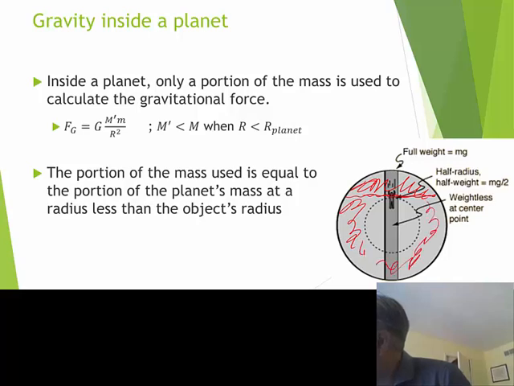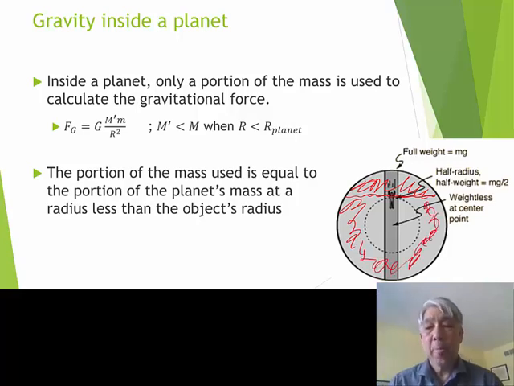It must be the mass at a radius greater than my radius. So effectively I'm taking all of the mass at a radius less than me and shrinking that down to a point and then calculating it. But it must be a radius less than where my location happens to be.